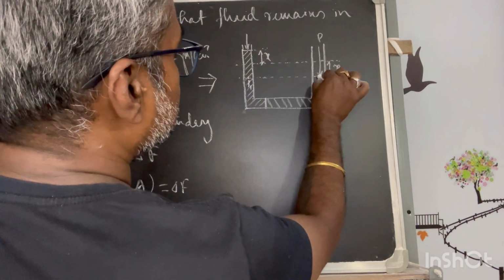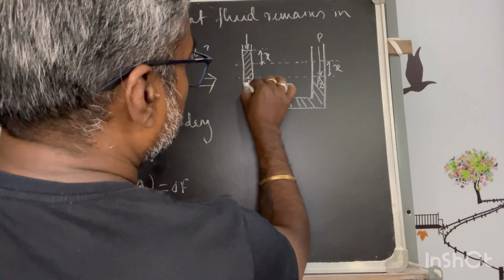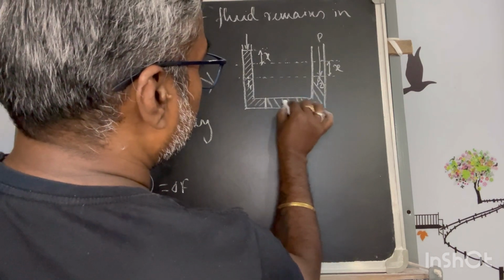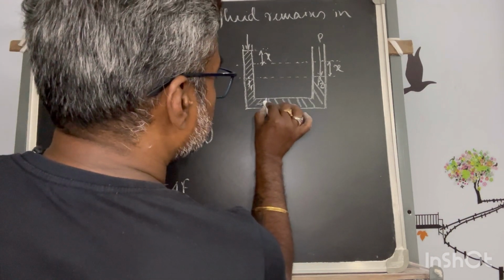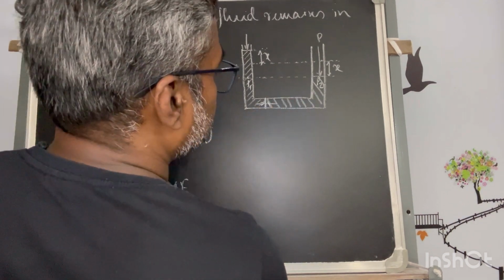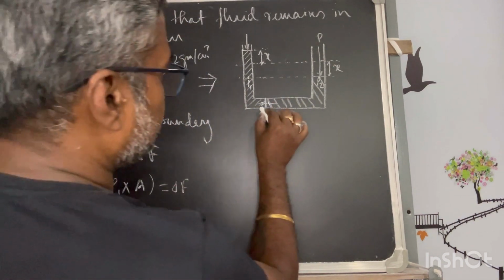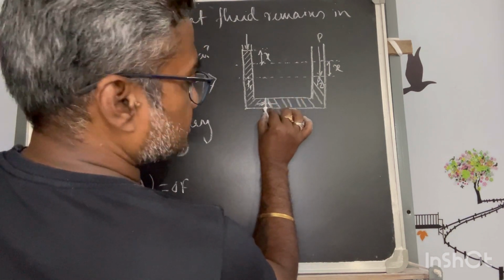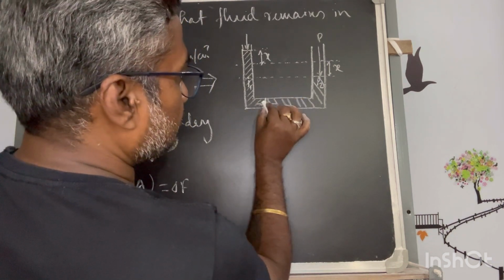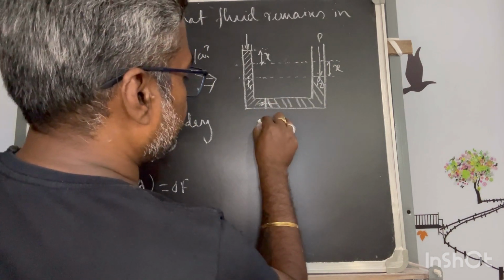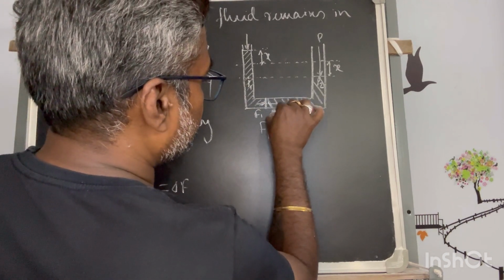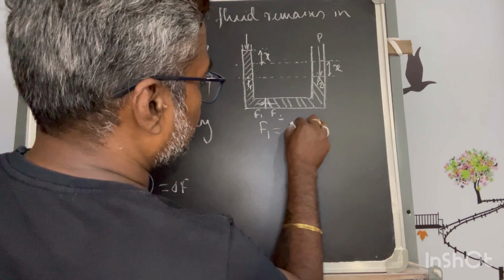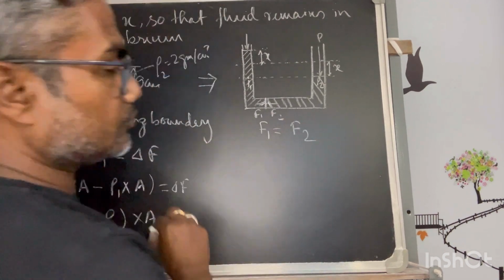P1 and P2 if I say equal, the liquid must be same, but here liquid is different. So where the pressure is same, at this point pressure is same, as the cross section is same, force is same, then only it's equilibrium. Or in turn, if force is same from this side, F1 is the force, this side F2 the force, this is under equilibrium, then only F1 is equal to F2.